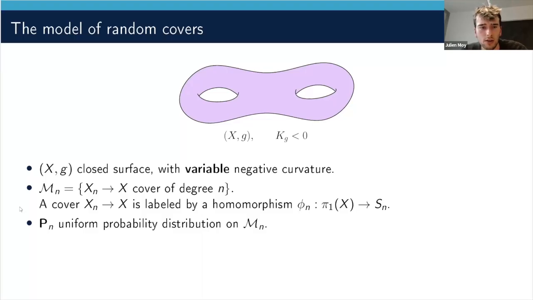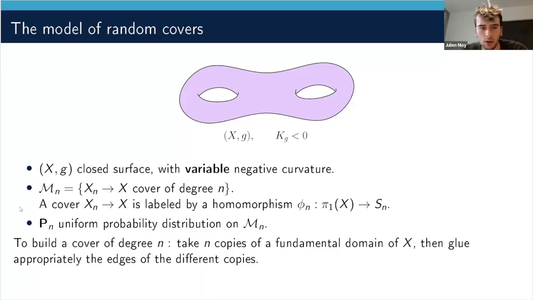Okay, well, how, in fact, can one build a cover of X? Well, you can just take n copies of a fundamental domain of X, and instead of gluing the edges of the copies individually, you can glue them together. So there is some freedom in this. And of course, there are some rules to follow to glue the edges, but this is how you get a cover.